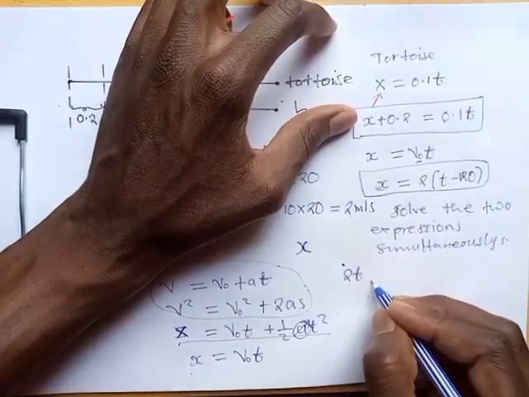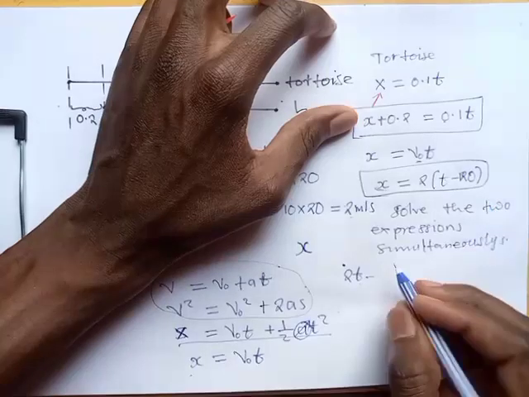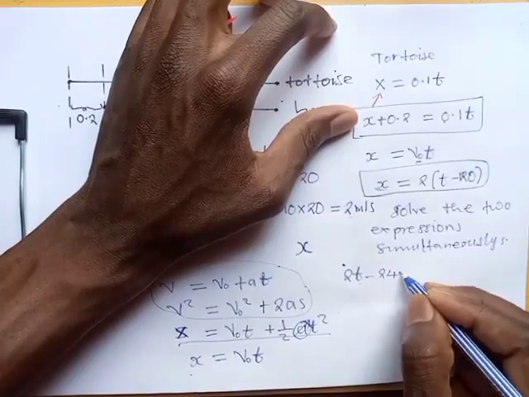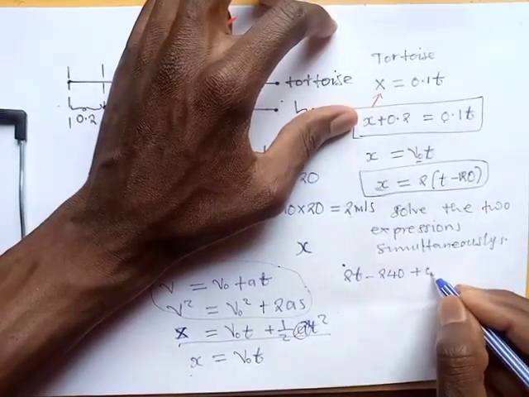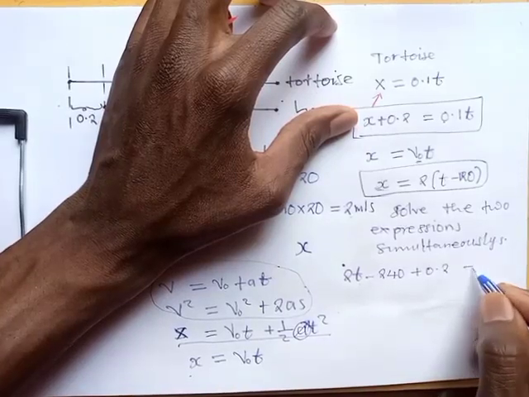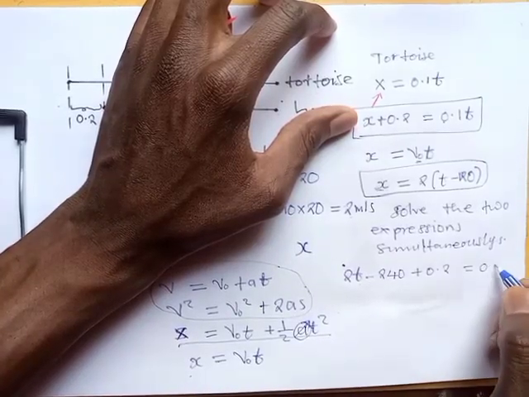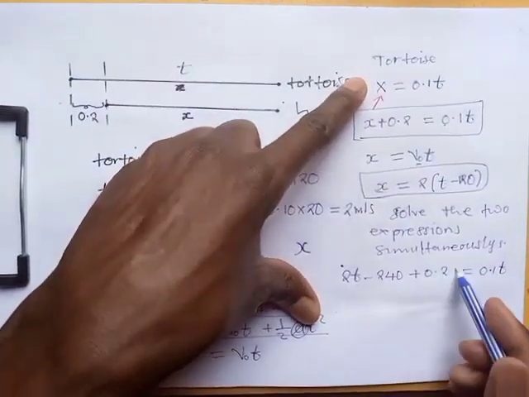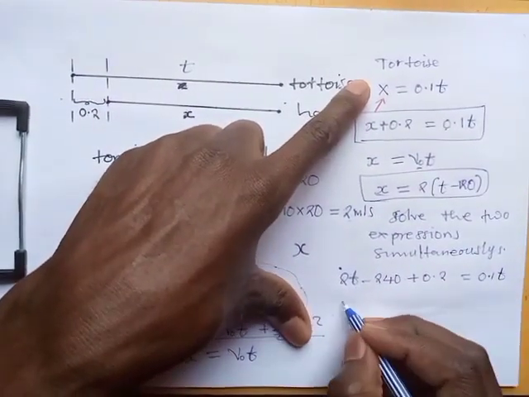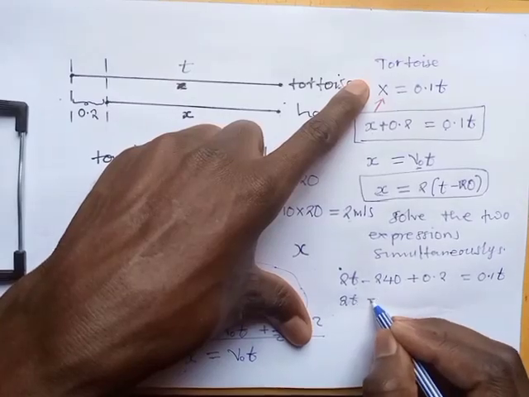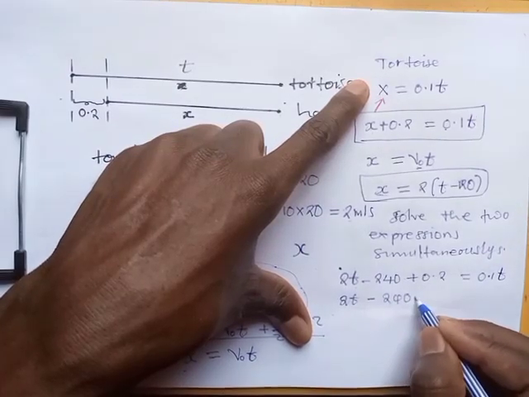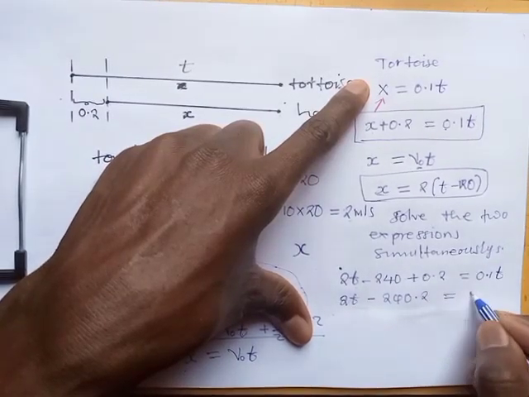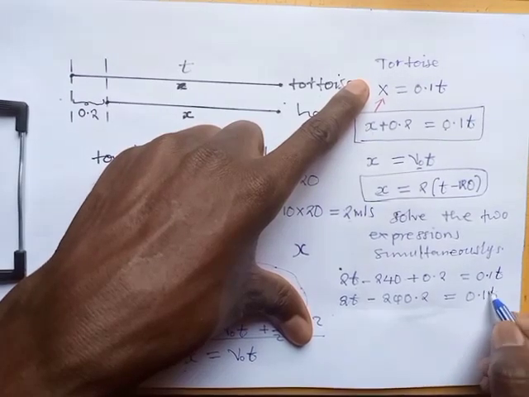I'll say 2t minus 240 plus 0.2 equals 0.1 t. So whenever we add this, you'll find that we get 2t minus 240.2, which is going to be equal to 0.1 t.